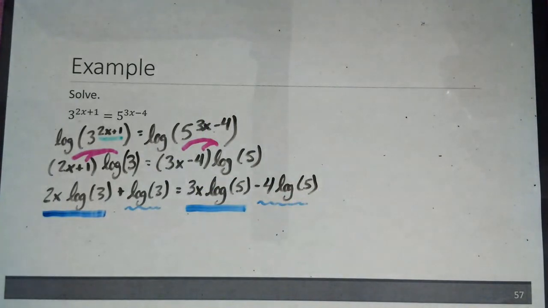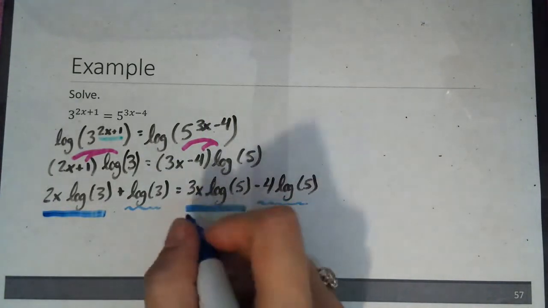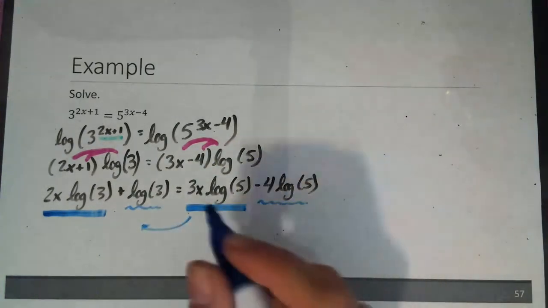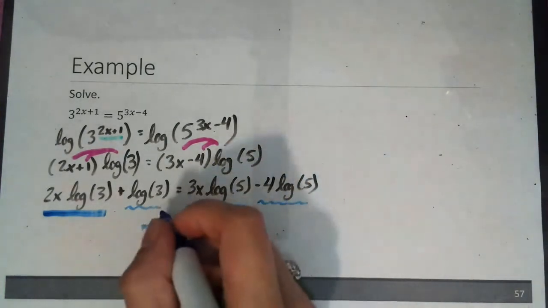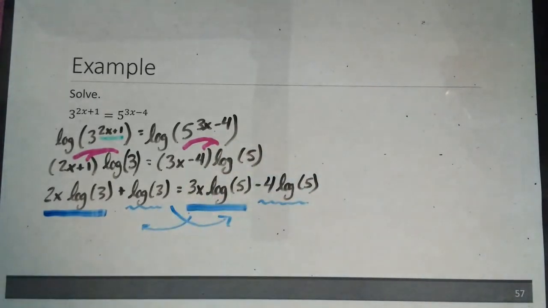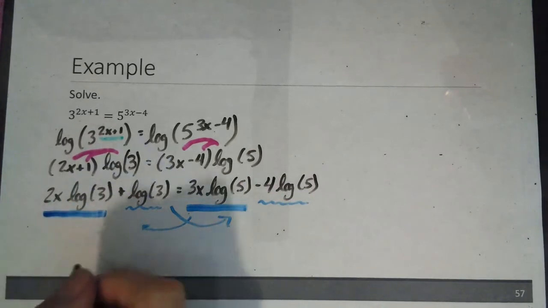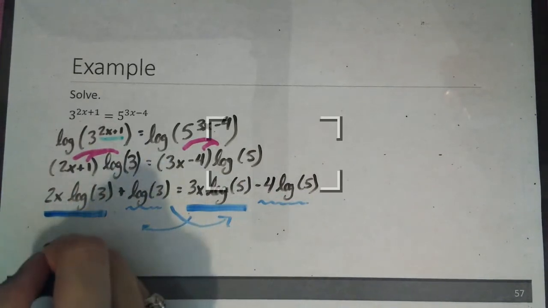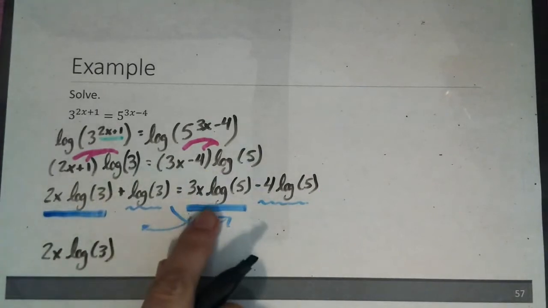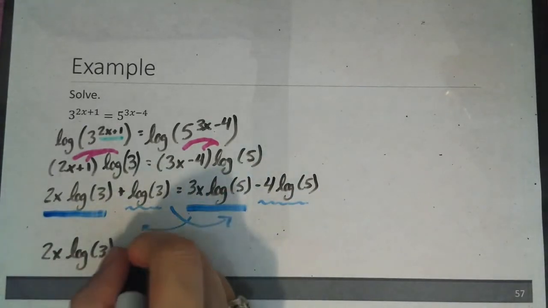So I want all my x's on one side. So what I'm going to do is subtract 3x log 5 over. Everything without an x I want to put on the other side, so I'm going to subtract a log of 3 as well. So that means I'm leaving my 2x log 3 alone. I'm subtracting 3x log 5 from both sides.